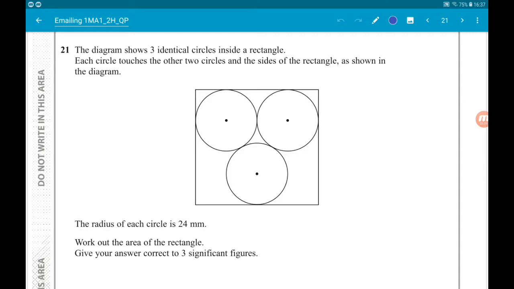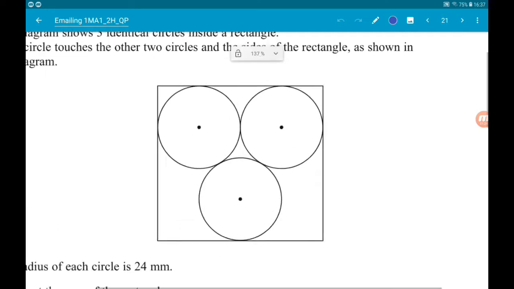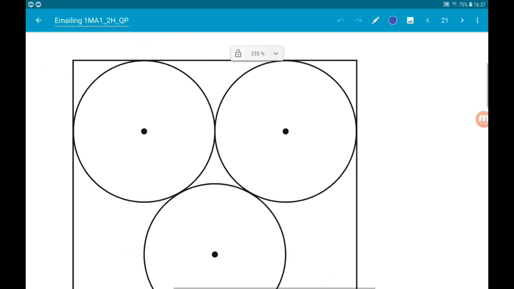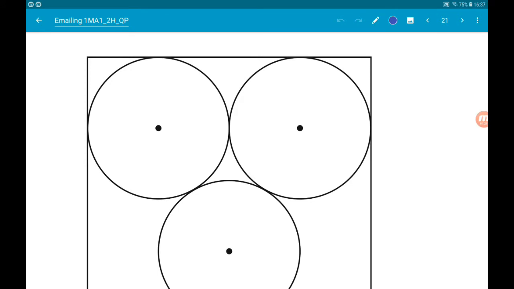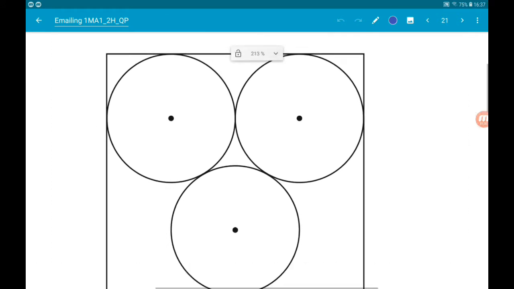Good times. Right, okay. So, the area of a rectangle is base times height. Hopefully that's not news. Now we can work out the length of the rectangle. That's not too difficult. That's 4 lots of the radius of a circle.